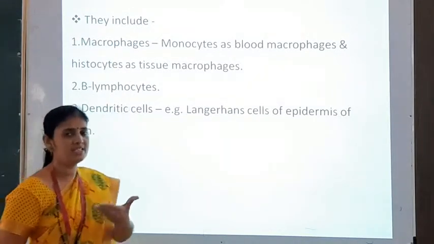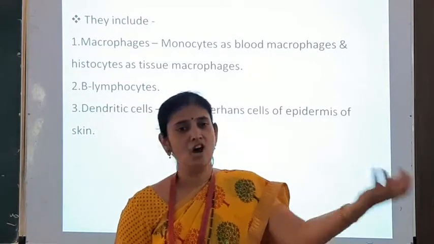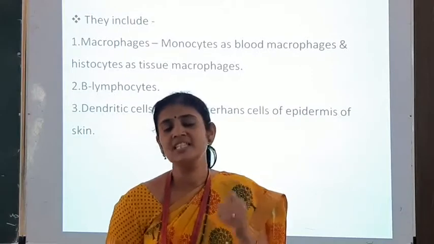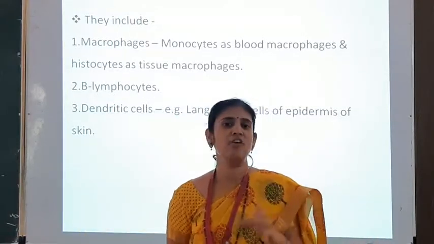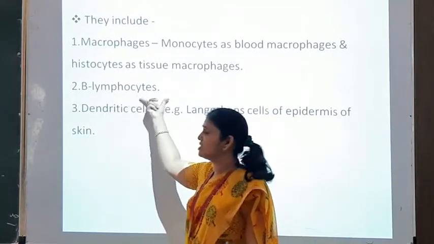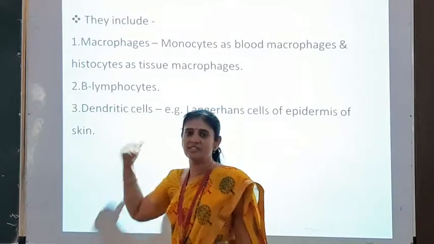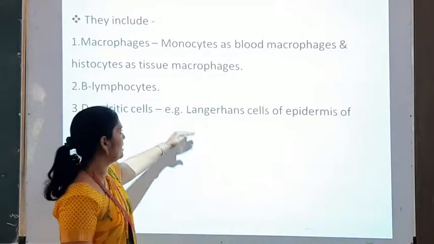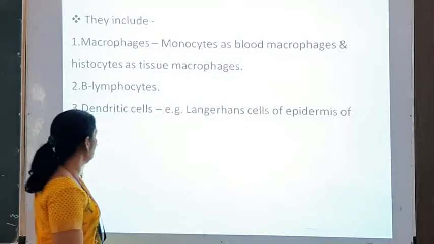Second, B lymphocytes. As you know, we have just seen the action of B lymphocyte on the antigen which is coming inside the body. They are producing different types of antibodies in our body, and therefore B lymphocyte is an example of an antigen presenting cell. And dendritic cells, this is the third example. For example, Langerhans cells of the epidermis of the skin.